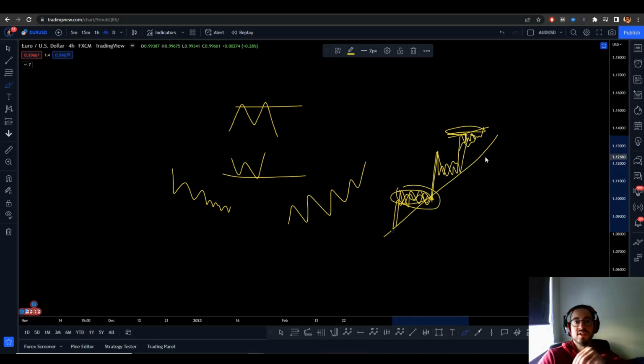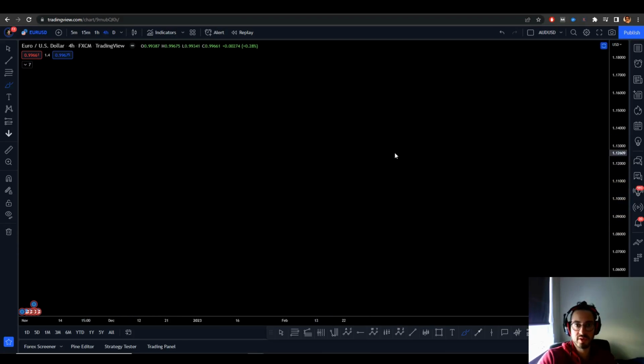But the thing, and probably the most important thing to grasp, is how multiple time frames fit together. You must use a higher time frame for perspective to actually understand where the market is moving. What do I mean by that? Let's take one last drawing, one last example here, and then we'll move on to some charts.